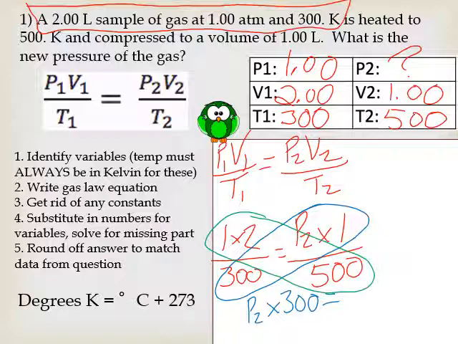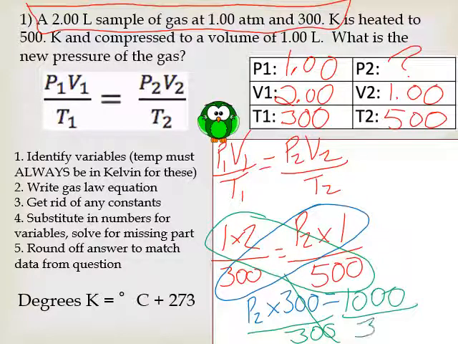So 1 times 2 obviously is just 2, times 500 is 1,000. And now I want to solve for P2. I'm going to divide by 300 on this side to get P2 by itself, and that's going to cancel out. I'm going to divide by 300 on this side too. And P2 is going to be equal to 1,000 divided by 300, which is just 3.3.